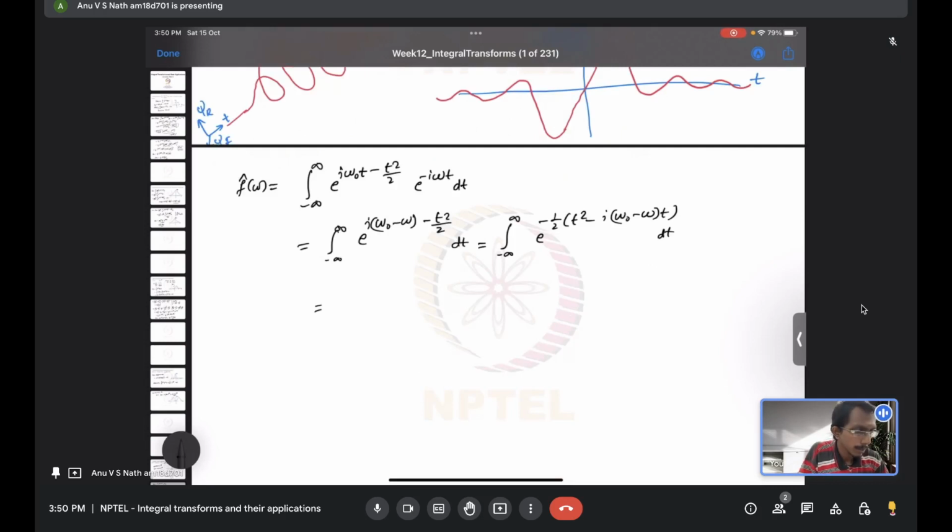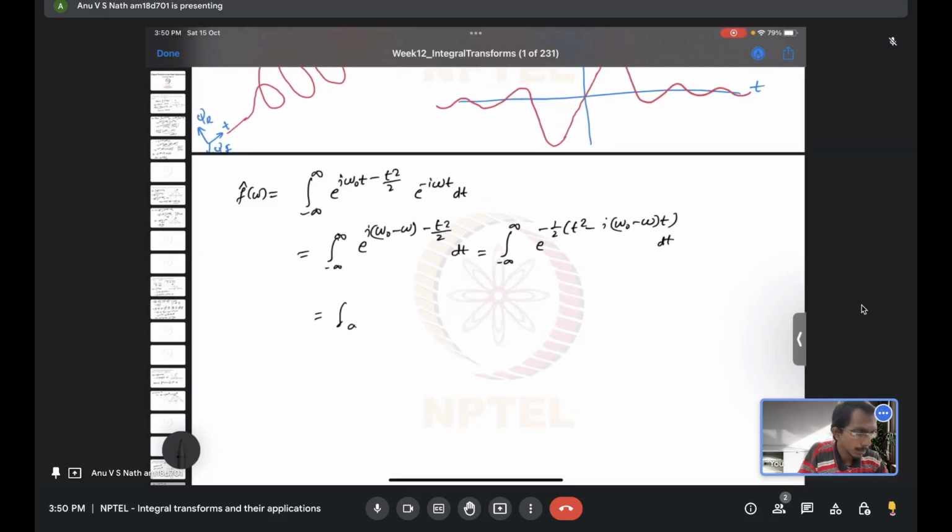Like we have done earlier, we can complete the squares, so it will be e raised to minus half t minus i into omega 0 minus omega, the whole square, plus or minus omega 0 minus omega by 2 the whole square.